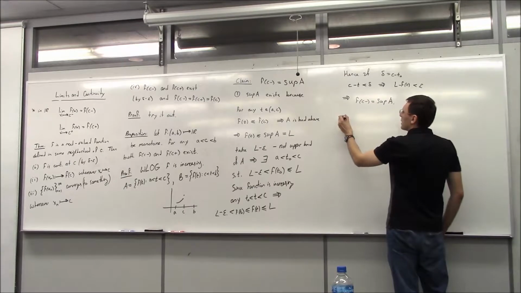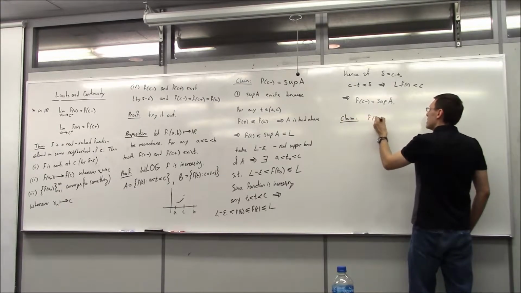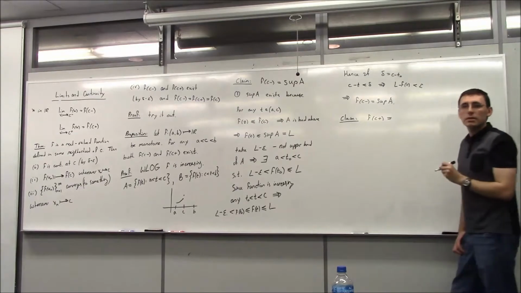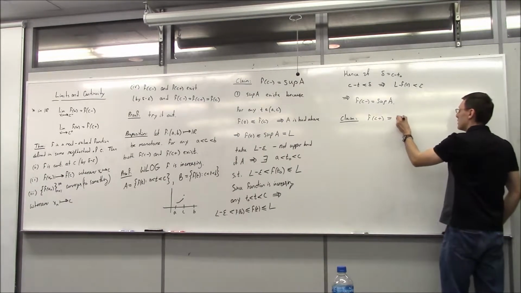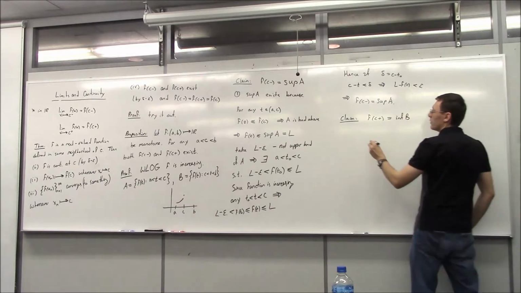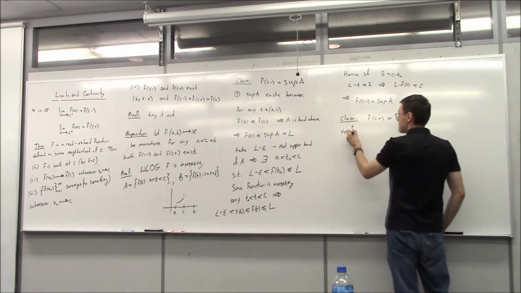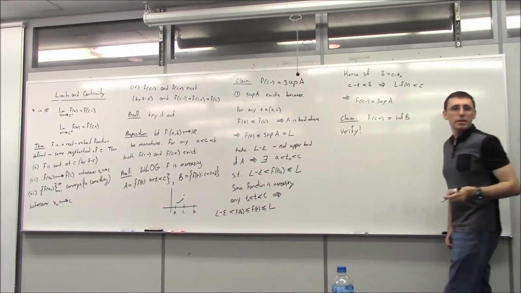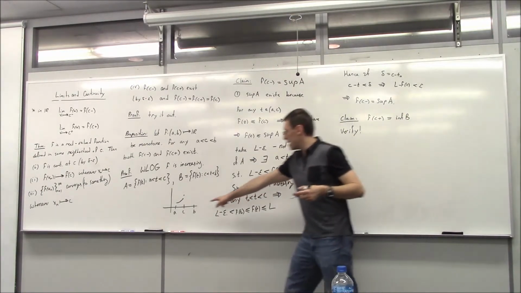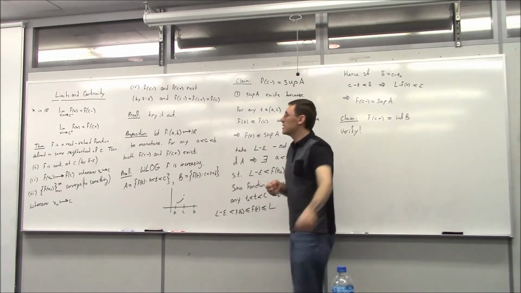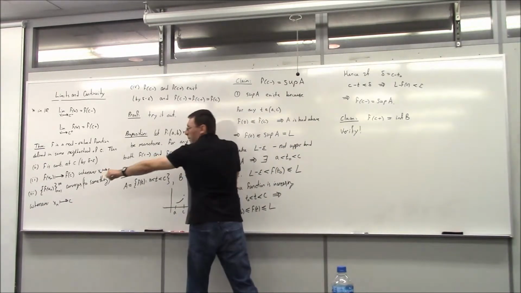Another claim, which I'm not going to verify, is the same: f of c plus equals the infimum of B. Verify it, same idea. The delta epsilon in this case is the left-hand delta epsilon, which means I need to squeeze the pipe from the left.